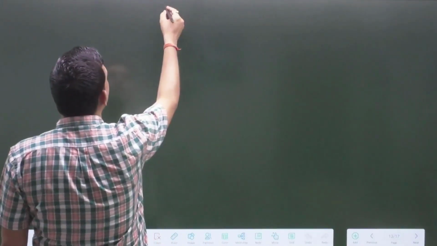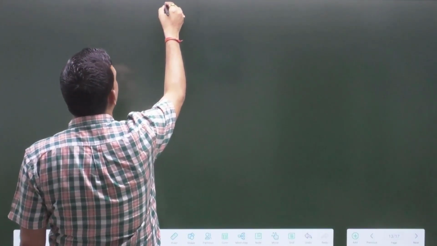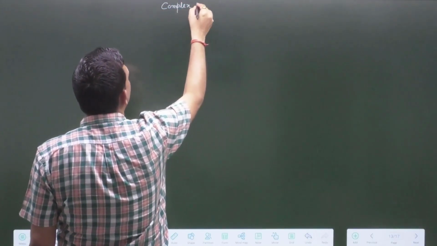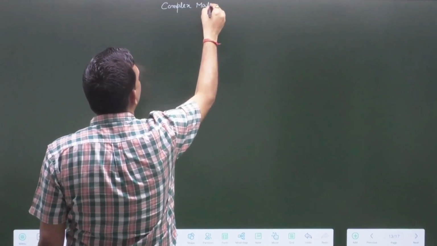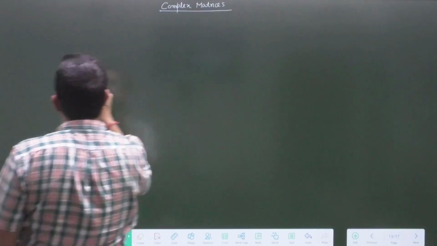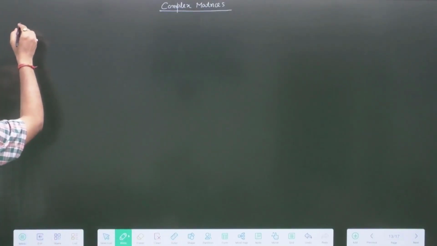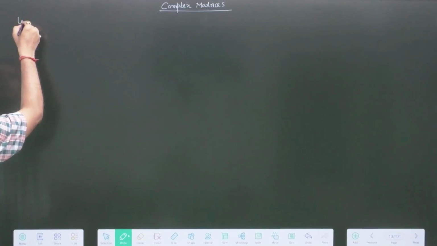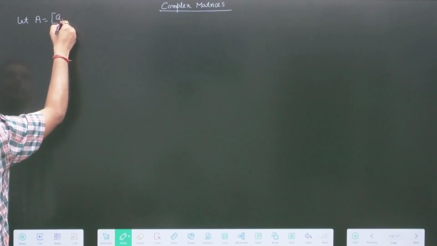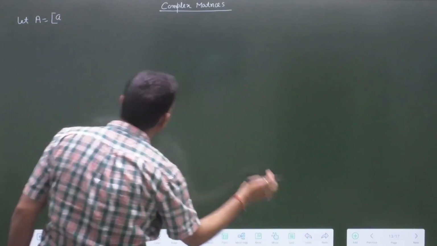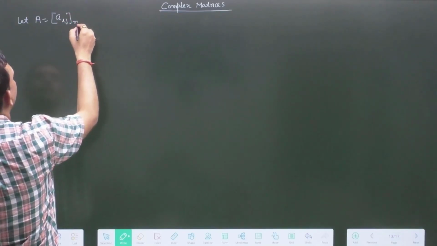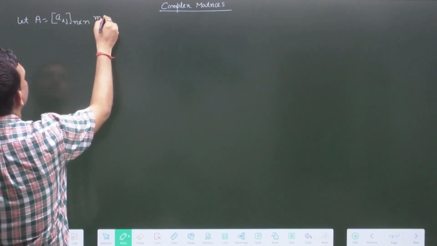Now, the complex analog of these matrices, we call complex matrices. So first, let A be some complex matrix, A_ij, an n cross n matrix.